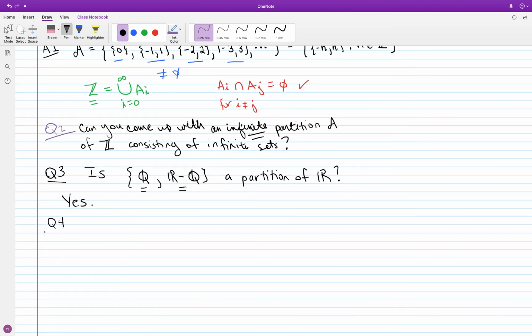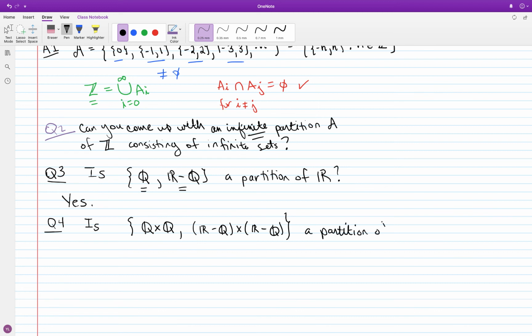All right, just one last exercise is this here. Q cross Q, the collection of ordered pairs of rational numbers, and this set, when put together, so this is one set, this is another set, is this a partition of R cross R?